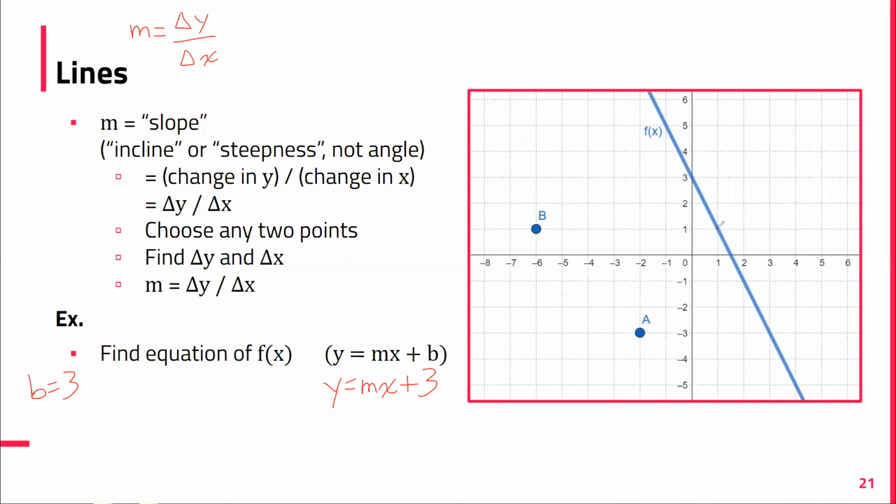So if we just take any two random points, let's say we have this point here, (1, 1), and a second point over here, (3, -3). We choose, doesn't matter as long as they're actually on the line. And we just calculate what is between those two points, what is the change in y and what is the change in x.